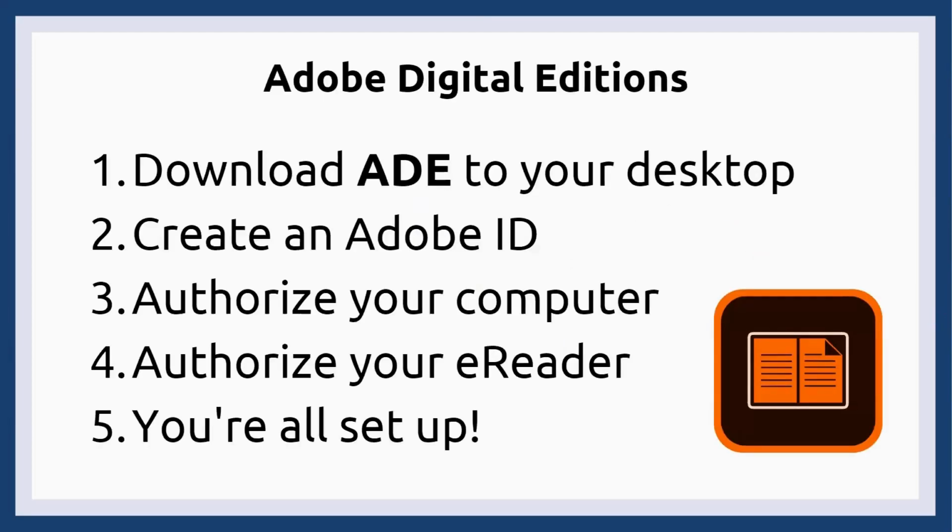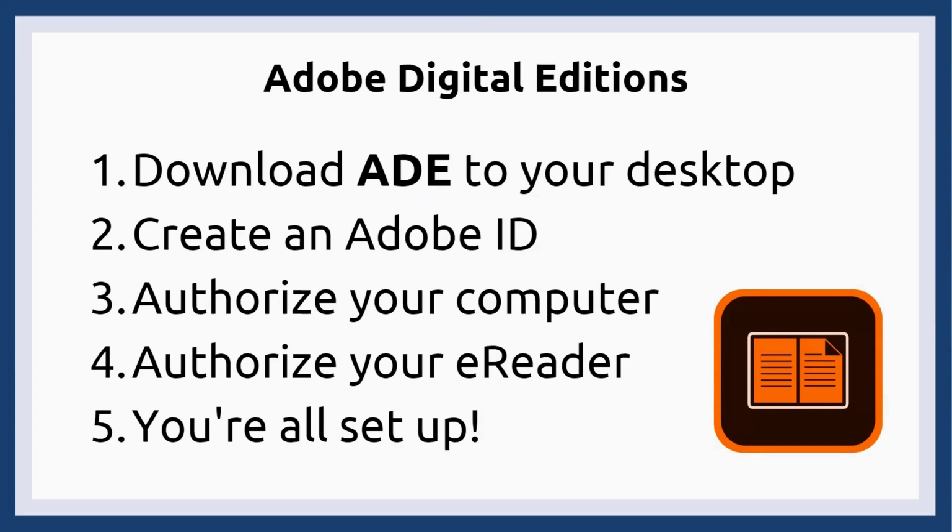All right, so Adobe Digital Editions, what this is, is an ebook reader. So it's also how we transfer ebook files from our computer to our e-reader device. Adobe can be downloaded onto your desktop or it can be downloaded onto your mobile device. For this webinar, we're going to focus on the desktop, but it does work with both Android and Mac products.